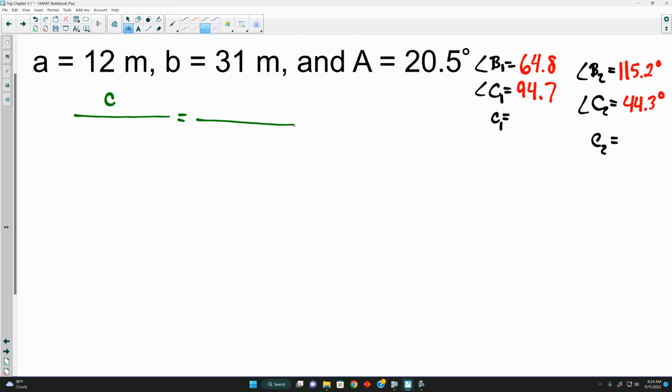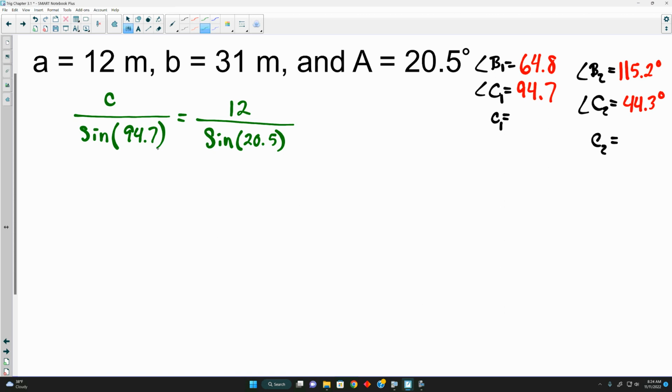So for the other one over here, I'm going to use 12 over sine of 20.5 equals C over sine, doesn't matter which one we do first, so we can say 94.7 degrees, and solve this here.